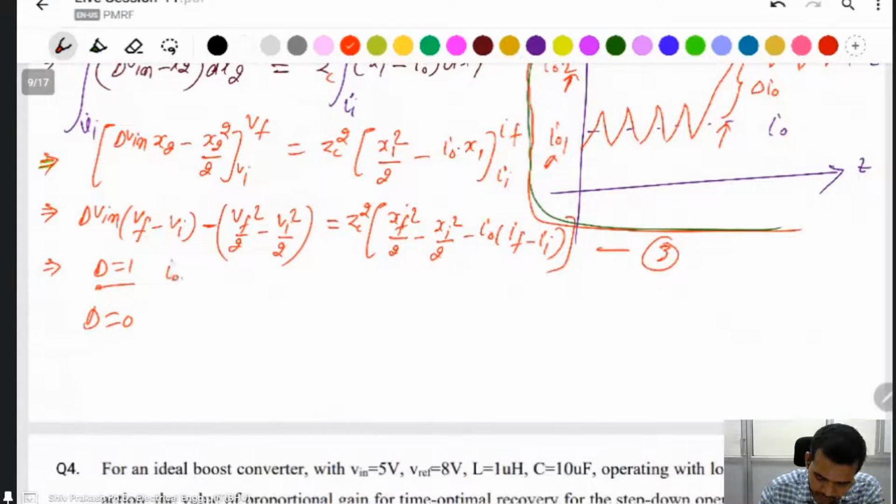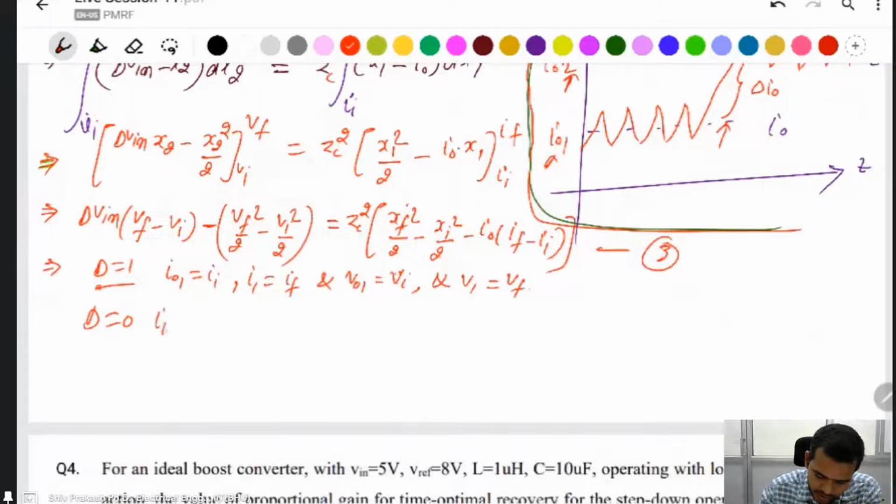Take I01 as initial and I1 as final, and V01 as initial and V1 as final value. Same thing applies here.